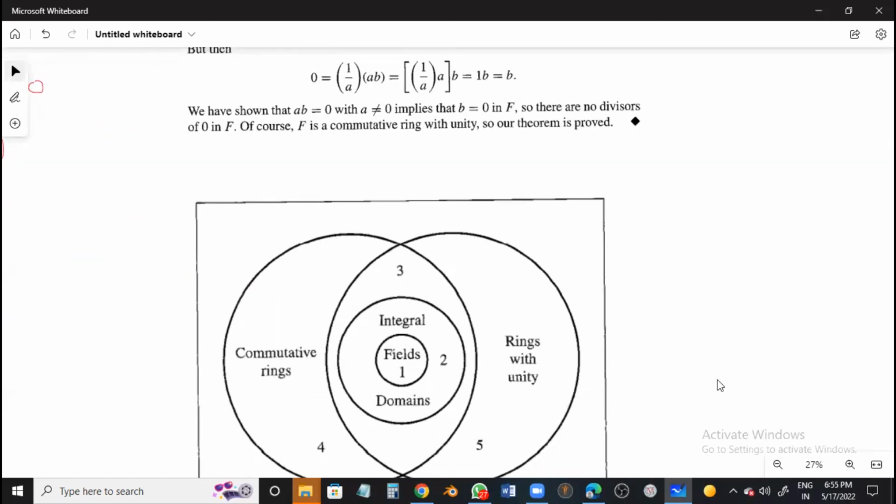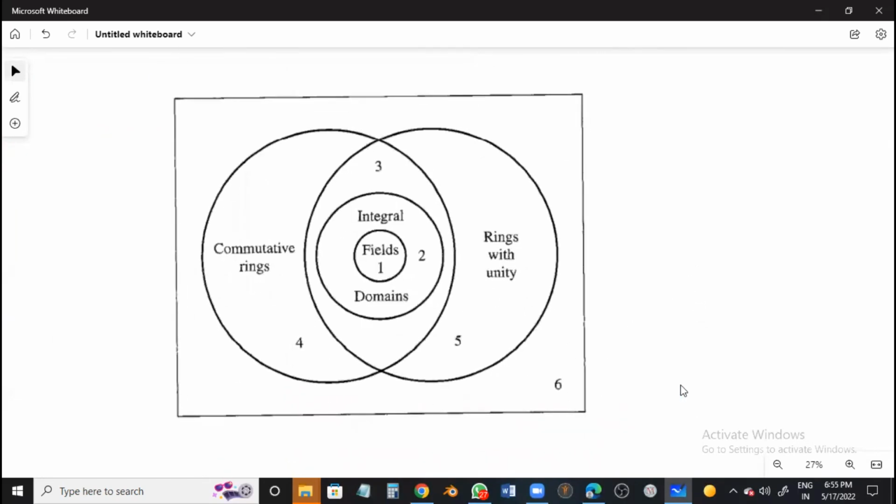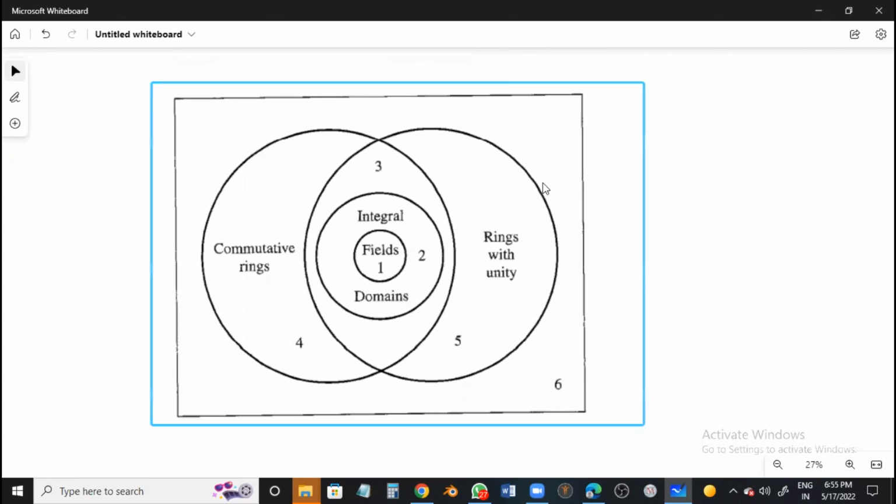Okay. Now we can picturize it. What do you observe over here? So these are all rings. Now we can see that a ring with unity is shown over here. Some rings with unity may be commutative, so it is intersecting here. Now all rings with unity and that are commutative may be integral domain, but every field is an integral domain.